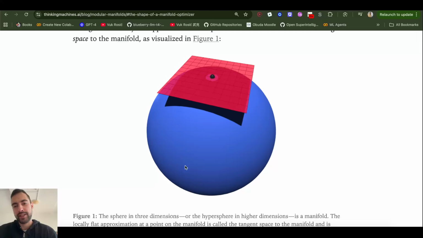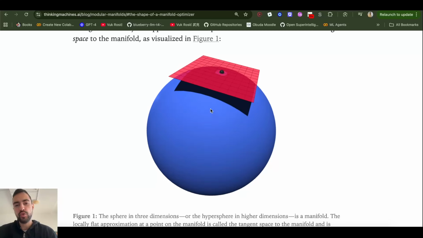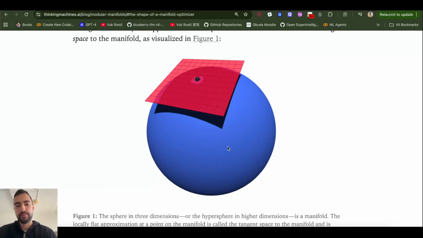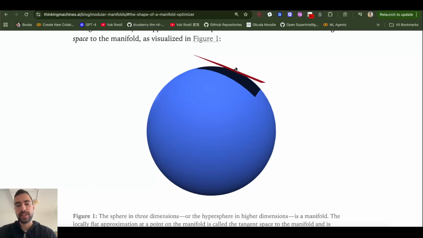So one way to do that is to just do the optimization step, and wherever it lands, we just project it back onto this sphere, which means we just squish the weights of the neural network back. That's one way. But we don't want to actually project it from just anywhere here.